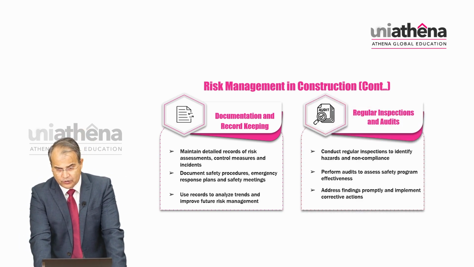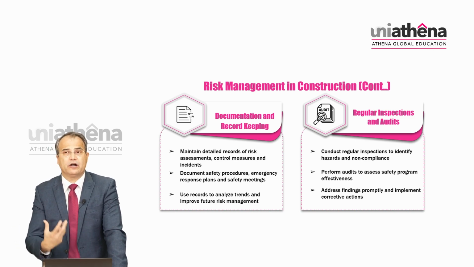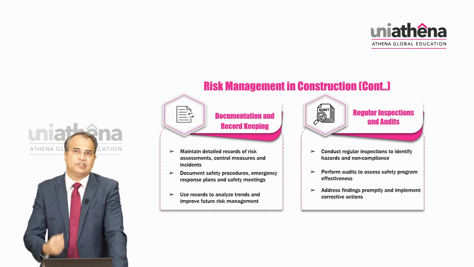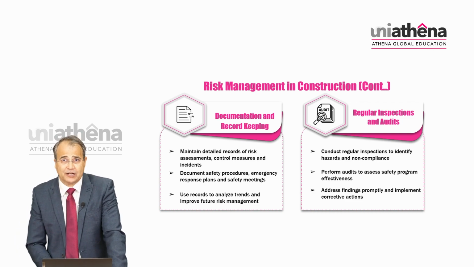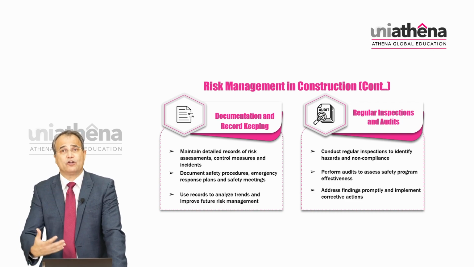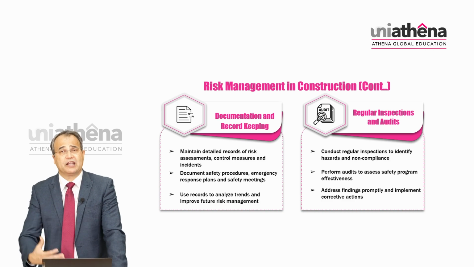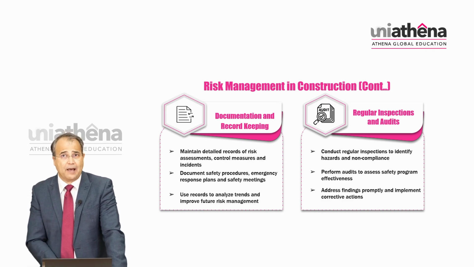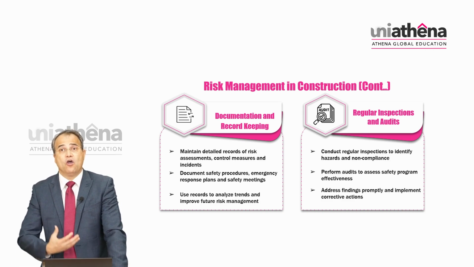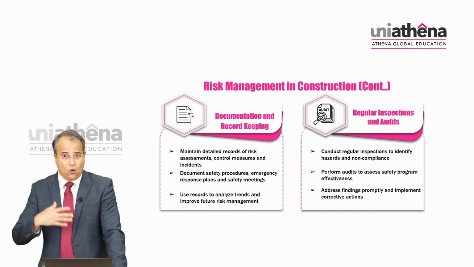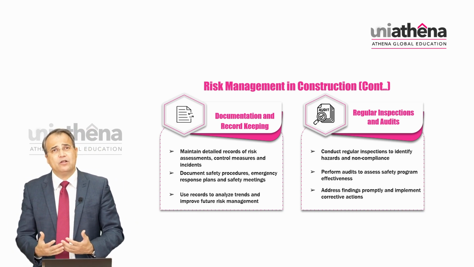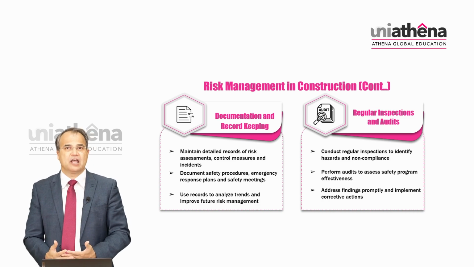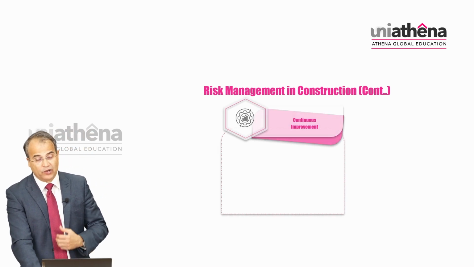We need to look at regular inspection and audit as well, which is very, very important in the life of a project. Several audits need to be done so we can see what is happening, where things can go wrong, what we can do to prevent things, and what we can do to improve things. In many respects it's common sense, but in a working environment, how can we improve that?